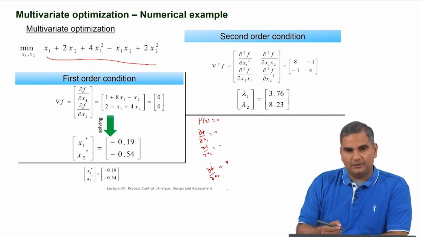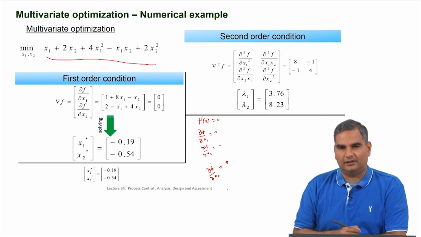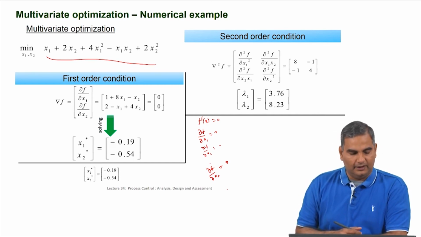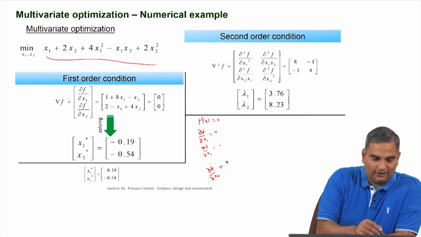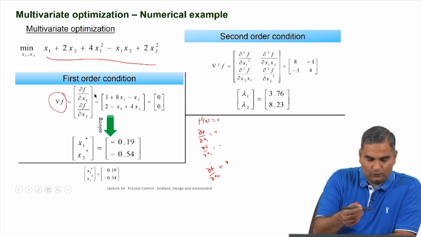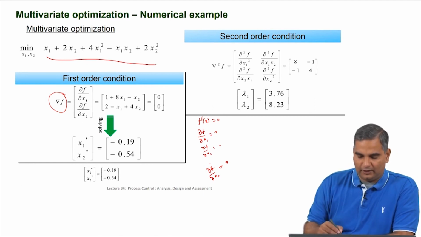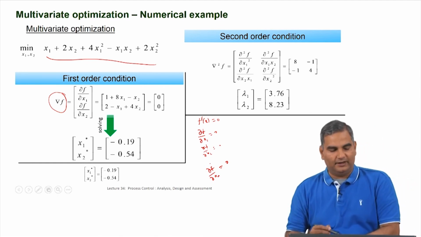If I have two variables, I have two equations. So, in some sense I will have as many equations as variables to solve for. So, if we apply this, we have to say dou f dou x1, dou f dou x2 is 0. In vector form you can write this as grad f, which is basically writing these two functions one below the other, or you can look at them as individual equations and solve, it really does not matter.